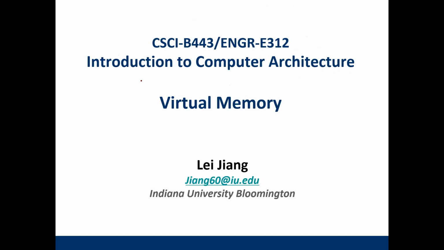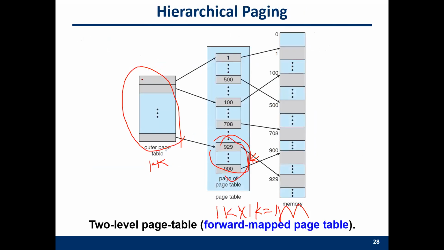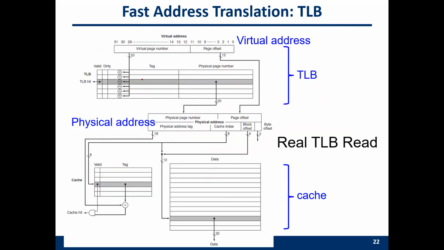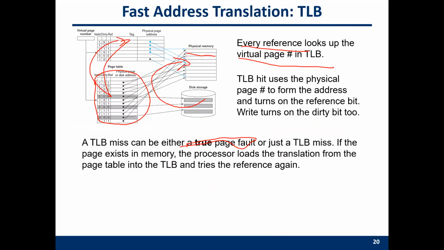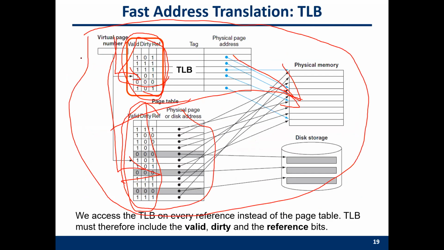And that's all for virtual memory. I know this is difficult, but I truly hope that you can understand this figure. At least you need to understand what a page table is.